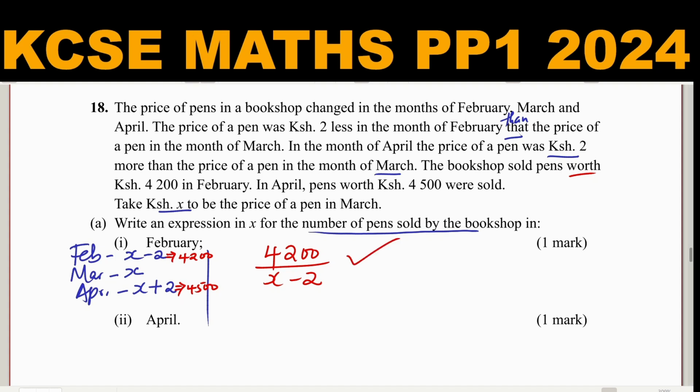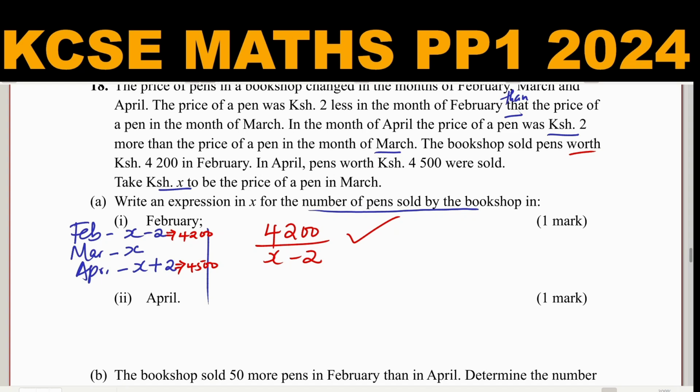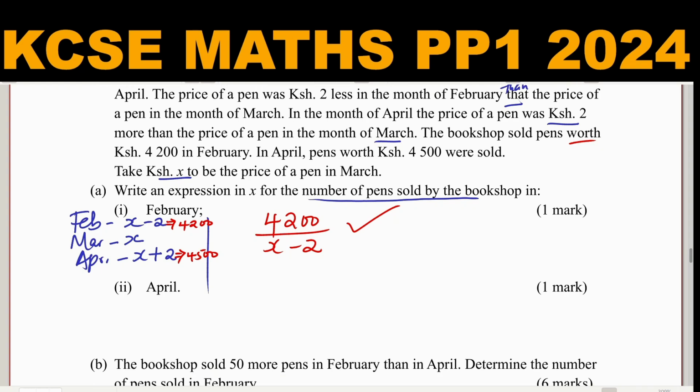That gives the expression for the number of pens. For April, the same: the total amount obtained from the sale of all the pens, which is 4,500, divided by the price of each pen, which is X plus 2. Those are the expressions for the number of pens for those months.